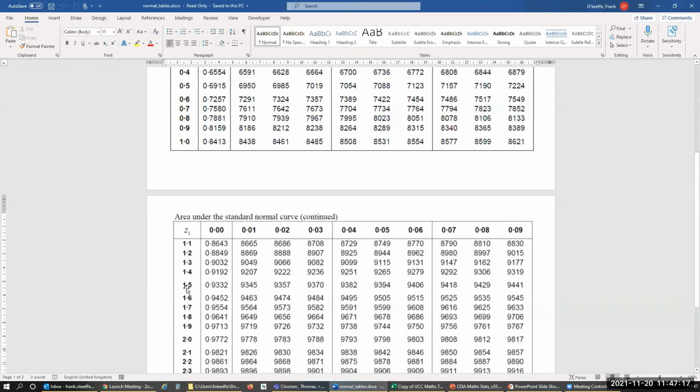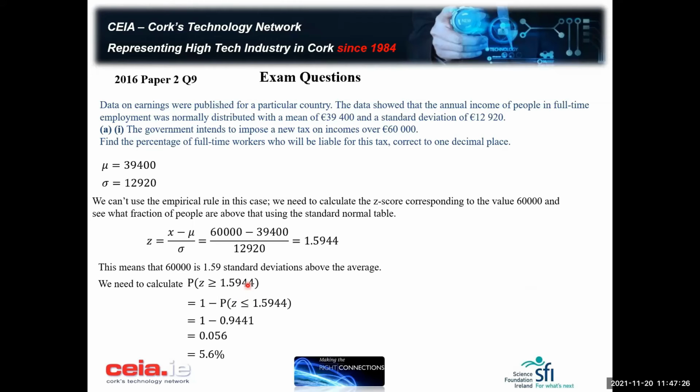We find the Z of 1.59 is 0.9441. So 1 minus that is what we're looking for, and that's 0.056 or 5.6%. So 5.6% of Z scores are bigger than 1.5944, which means that 5.6% of people will have incomes over this value.